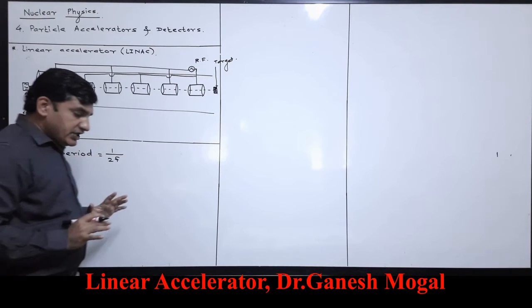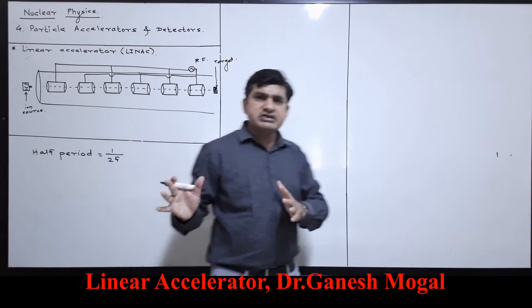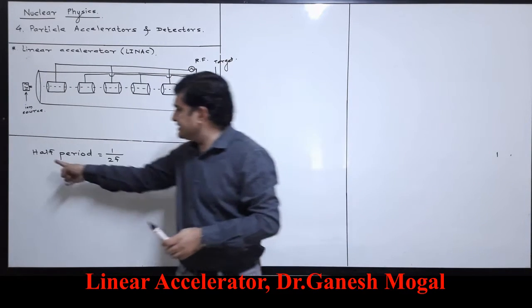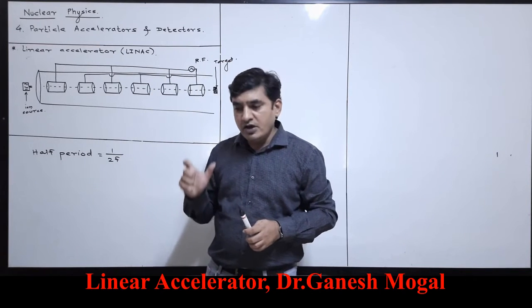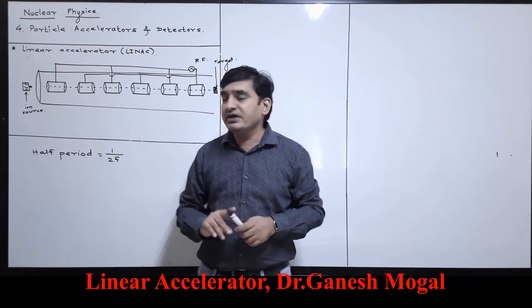We know that the period is the reciprocal of the frequency, but here it is the half period, and therefore 1 upon 2f. Why do we consider the half period?